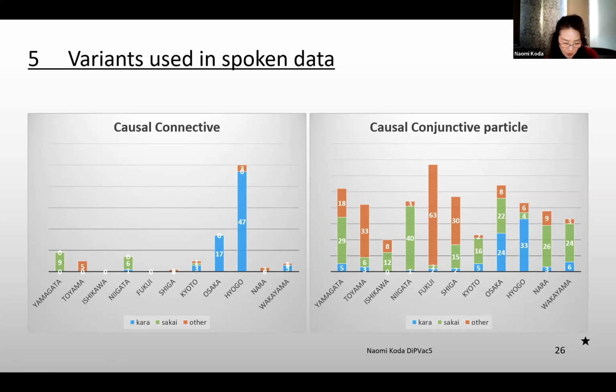If we see sakai causal connective in Yamagata, Niigata, and the causal conjunctive particle, we can see many areas use it as a causal conjunctive particle. Sakai, shown in the green bar, is used more in conjunctive particle in each area. We can find sakai in connective only in Yamagata and Niigata.